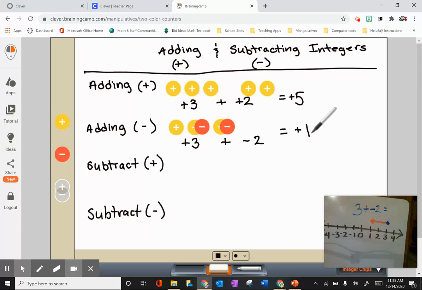So 3 plus a negative 2 is actually the same thing as just 3 minus 2. When you add a negative, it's actually the same thing as just subtracting a positive. Your number will be smaller in this case.